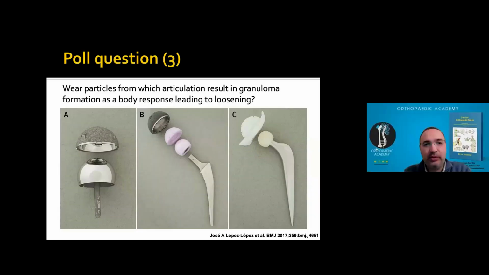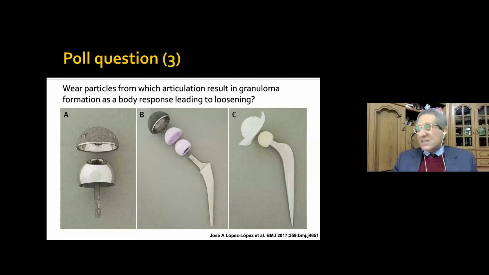How is the reaction between metal on poly different from metal on metal? Remember that the size of the particles is bigger in metal on poly than metal on metal.